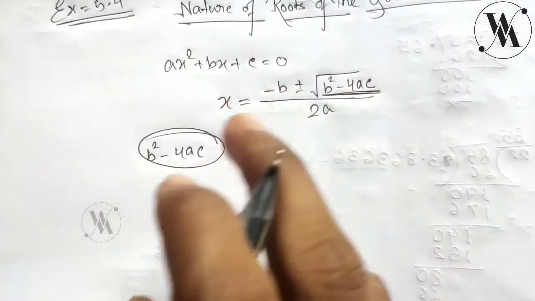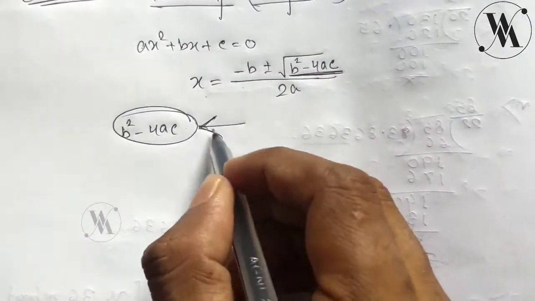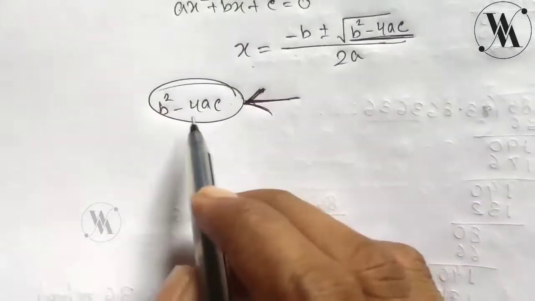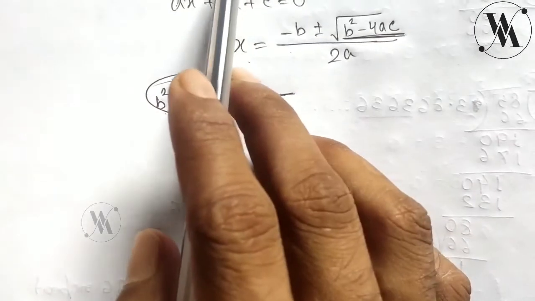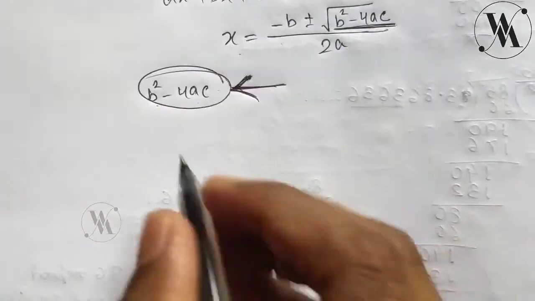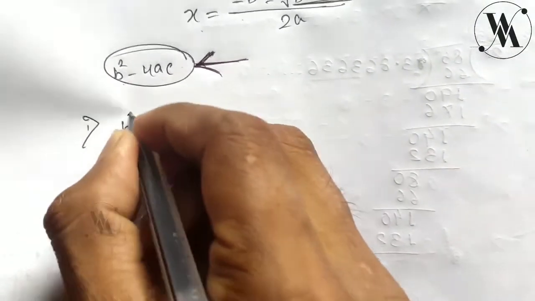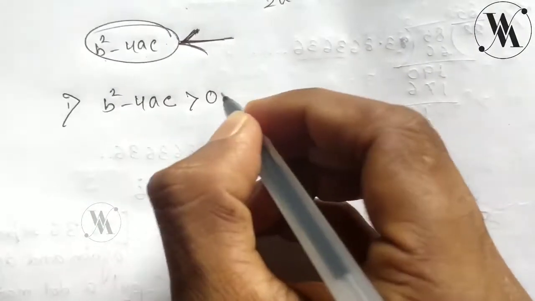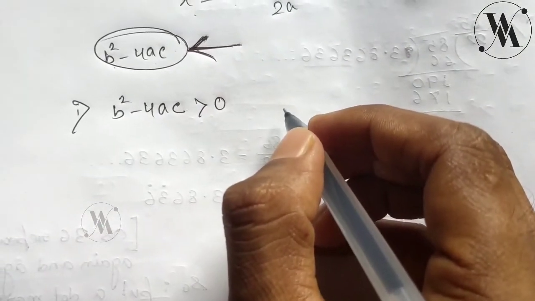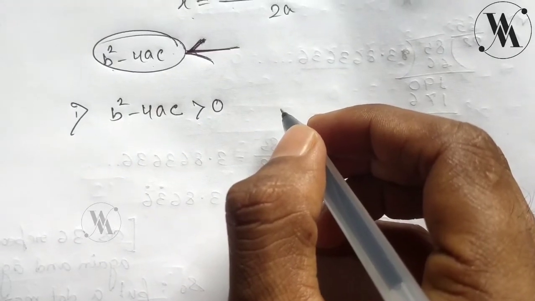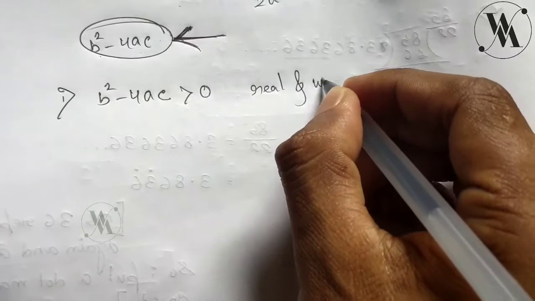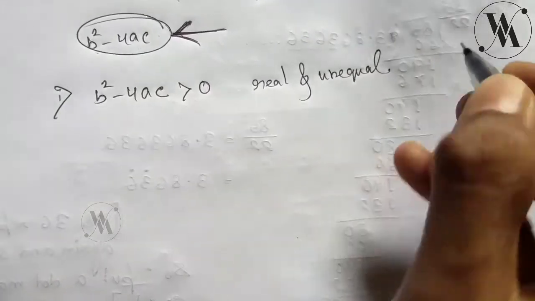The nature of the roots depends on this value of b square minus 4ac. So first, if the value of b square minus 4ac is greater than 0, then the roots are real and unequal.